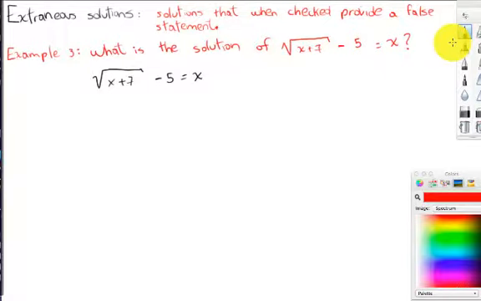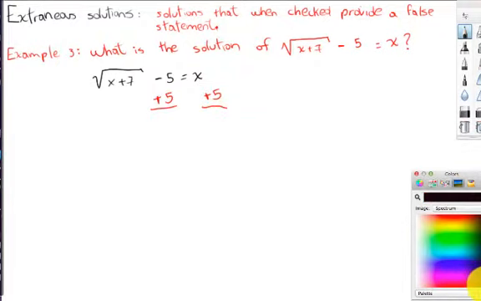Example 3. What is the solution of the square root of x plus 7 minus 5 equals x? And I wrote it right here. Again, we want to isolate the square root, and we want that to be our very first step. So we're going to add 5 to both sides to accomplish that isolation.